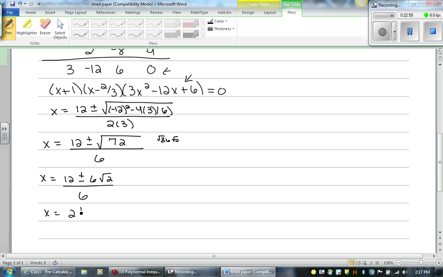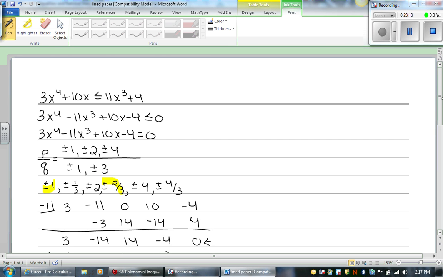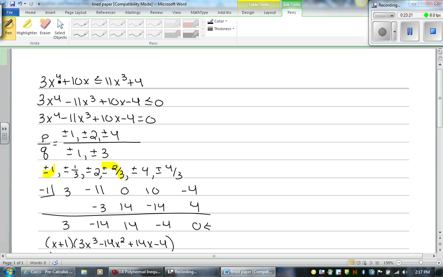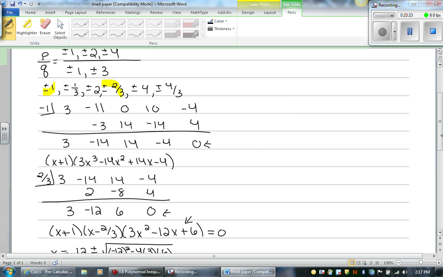So this gives us 2 plus and minus radical 2. Okay. And so now we have all of our solutions. We have x equals negative 1, 2/3, 2 plus radical 2, and 2 minus radical 2. And we know that's all of them because the degree of the polynomial is 4, and we have 4 solutions.